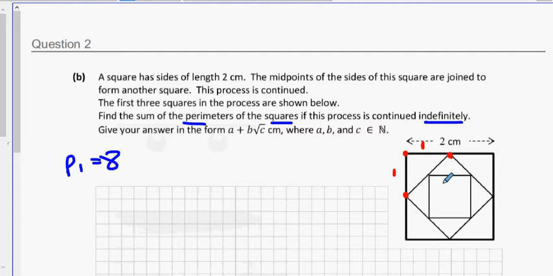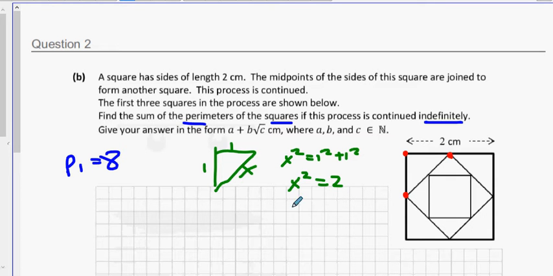We're looking to figure out what this is here, x. Okay. So 1, 1, and x. So x squared equals 1 squared plus 1 squared, which equals 2. X equals square root of 2. Okay.